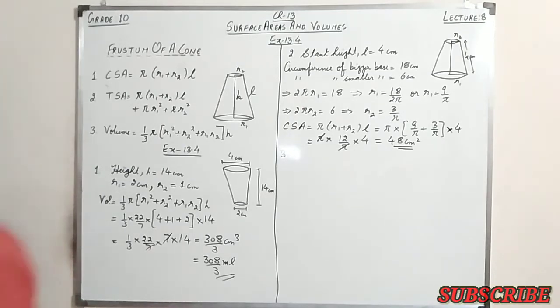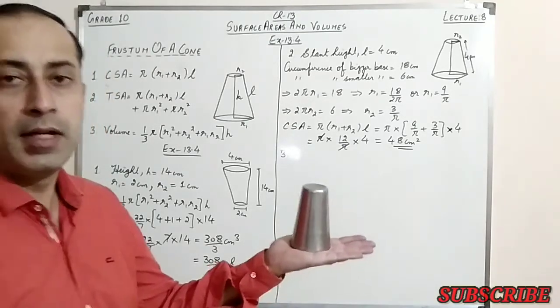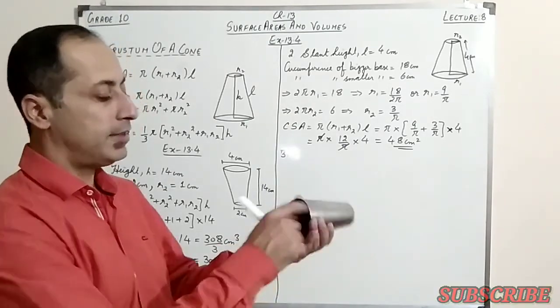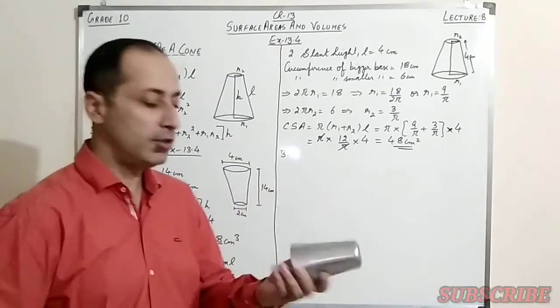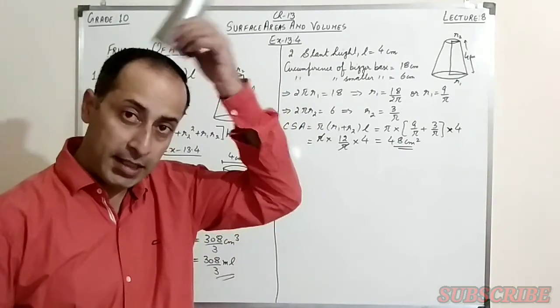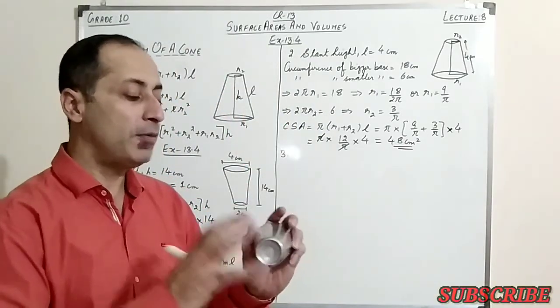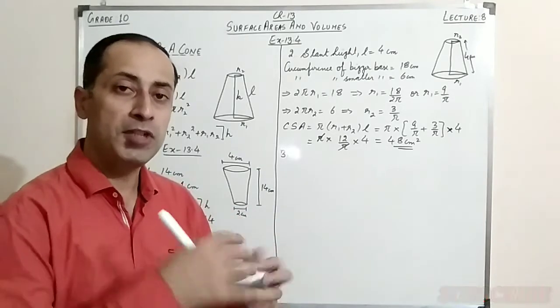Now again, it is shown something like this. We have one face open and another closed. Obviously the fez cap is open from this side, so you can keep it on the head like this. Now what I have to find is how much material will be used in making this cap.